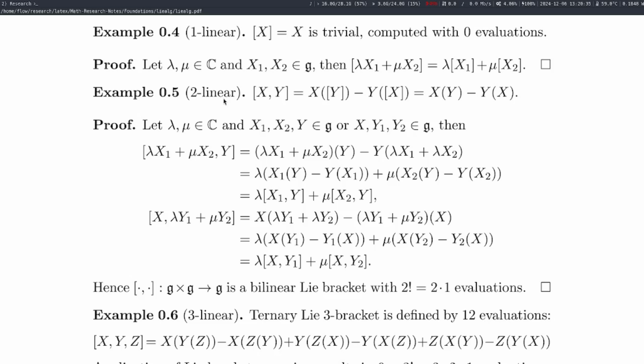Now, if we take a look at the two-linear case, this is the very standard and traditional Lie bracket. This is the bilinear case, which has been discussed in the literature for a long time, and this is the original definition of it. If we apply the recursion rule like this, what we end up with is x of y minus y of x. That's very standard.